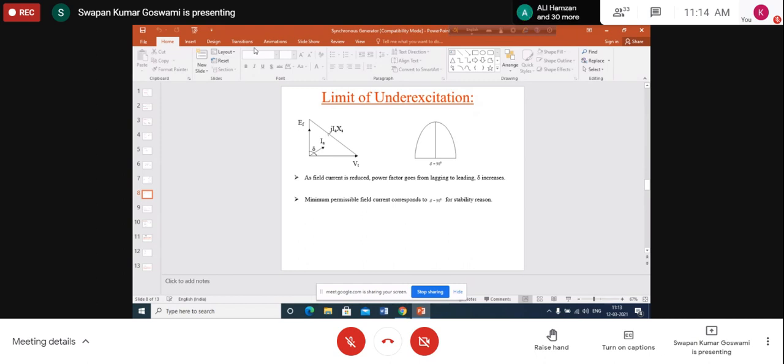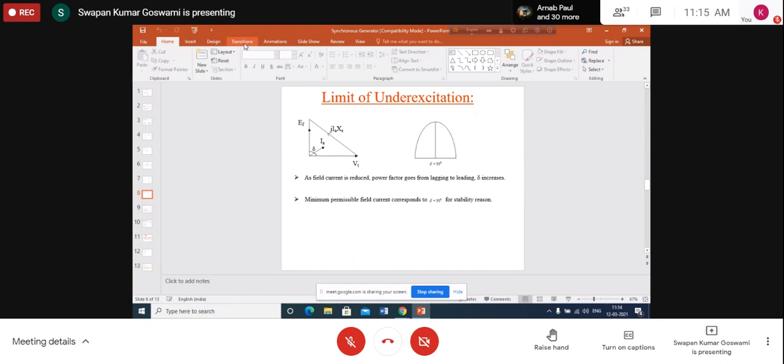If the excitation is reduced, then the generated voltage will be reduced. Since the system has a tendency to increase its voltage, the generator will be able to maintain constant voltage if it consumes reactive power from the system. Am I clear? Is it clear? Yes, sir.